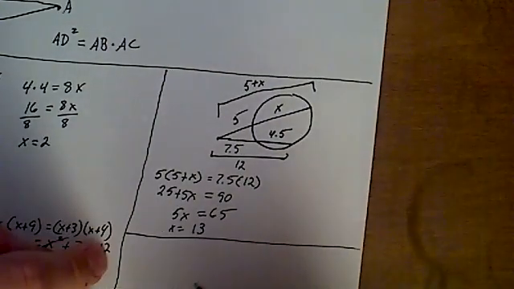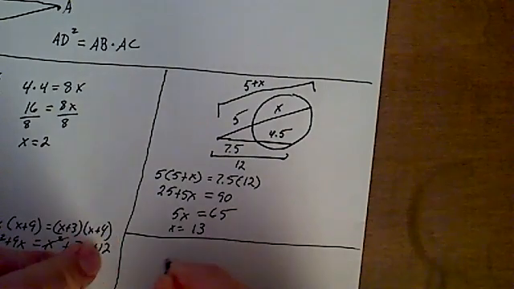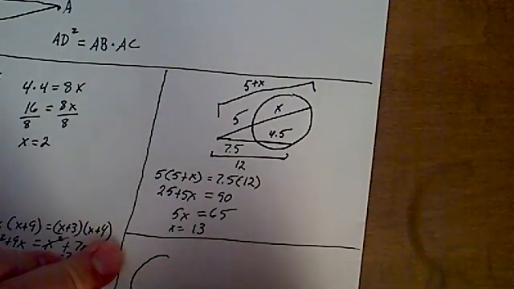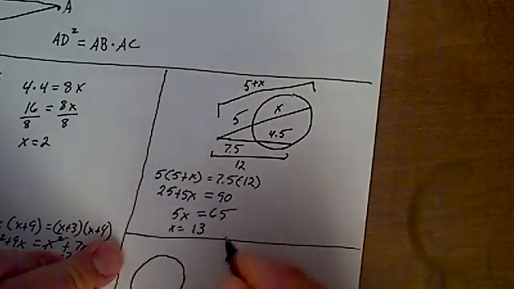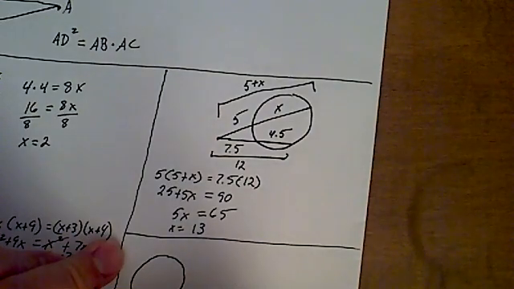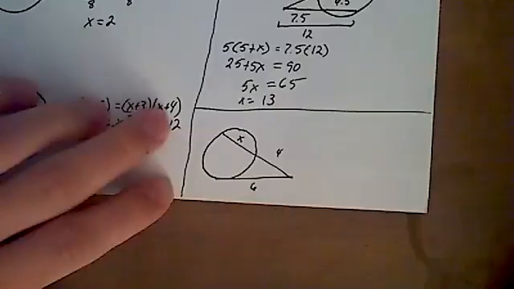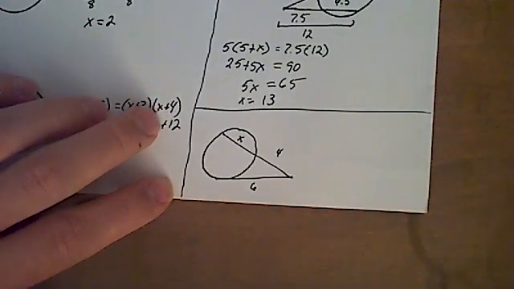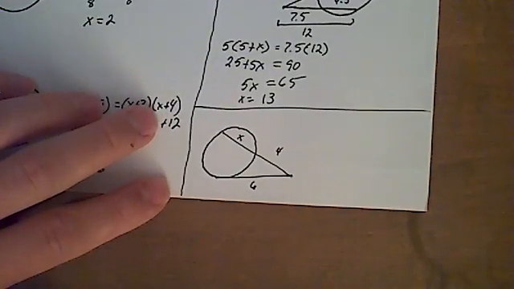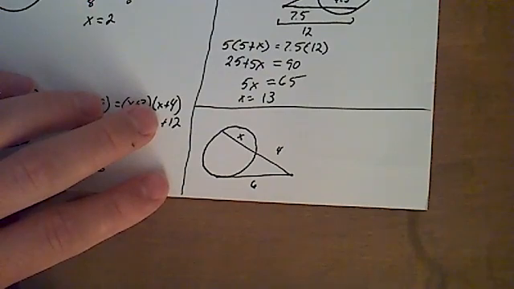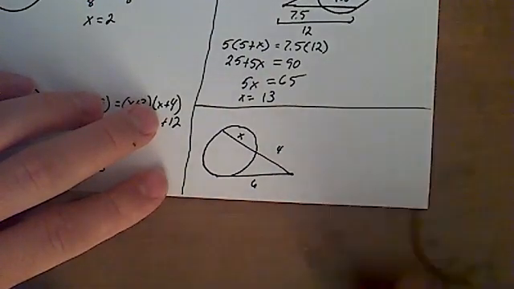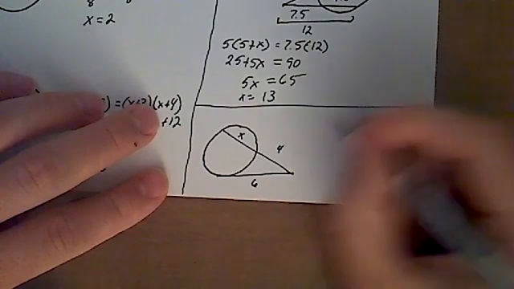All right, and then our last one. Last one, we had a tangent and a secant. So for this one, we take the tangent and square it.